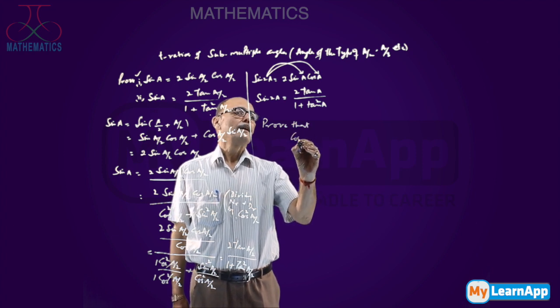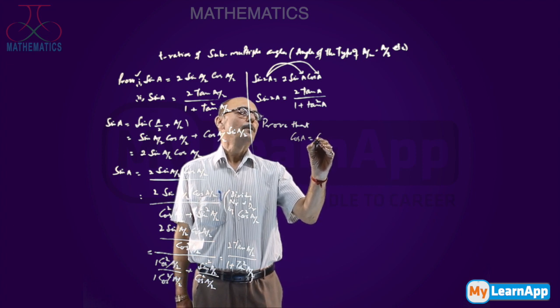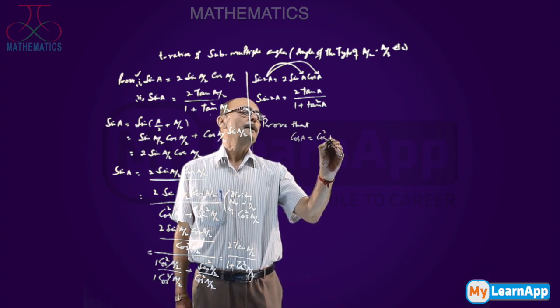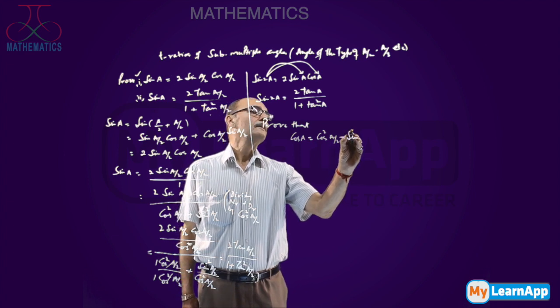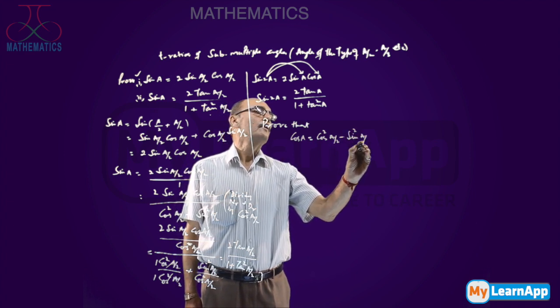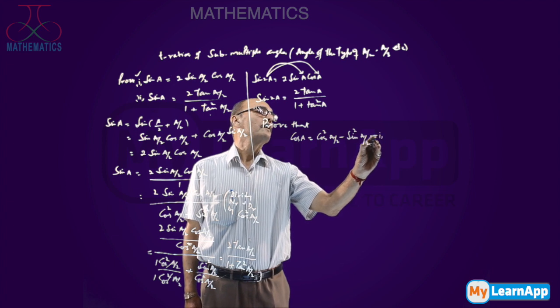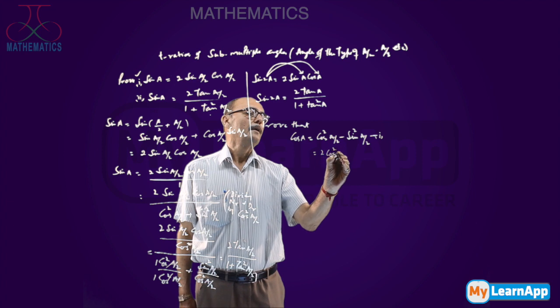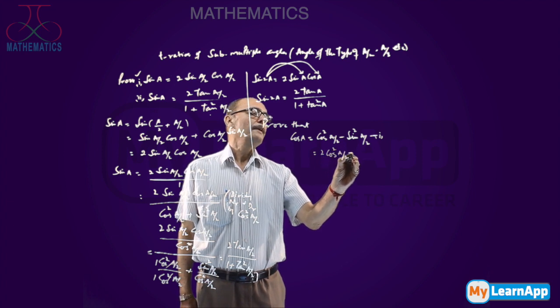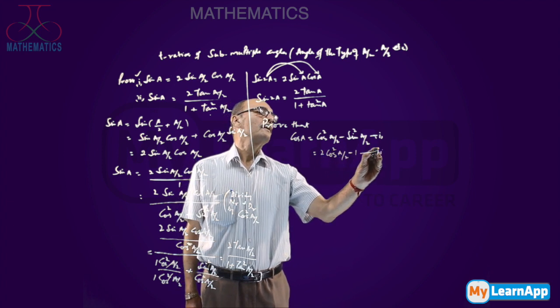cos of a is equal to cos square a by 2 minus sin square a by 2. This is the first formula. 2 cos square a by 2 minus 1, this is the second formula.